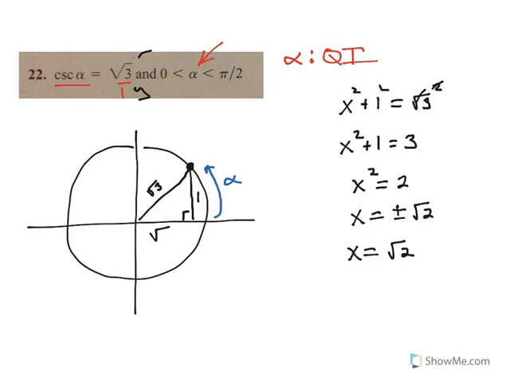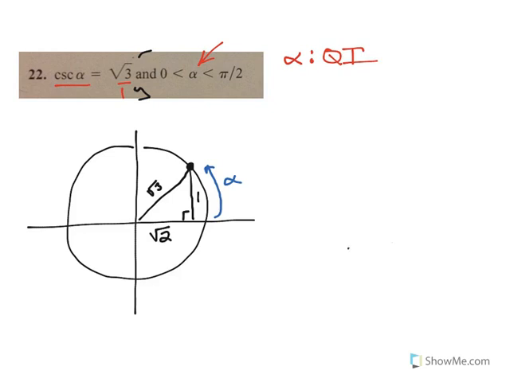So we now know x is square root of 2. And now that we know all 3 sides, we can make all of the different trig ratios. So if we make the first one sine, the sine ratio is y to r, so it's going to be 1 to radical 3.